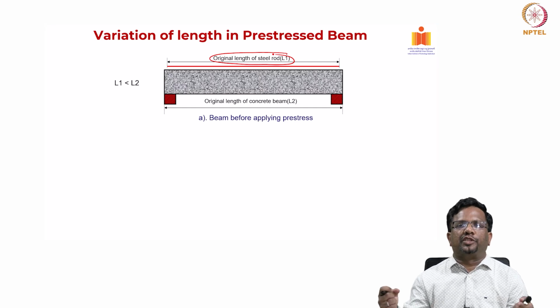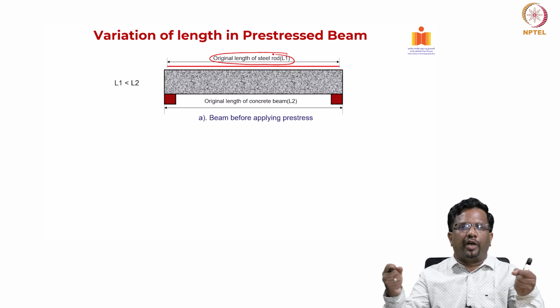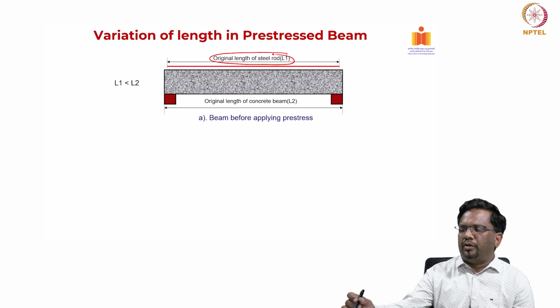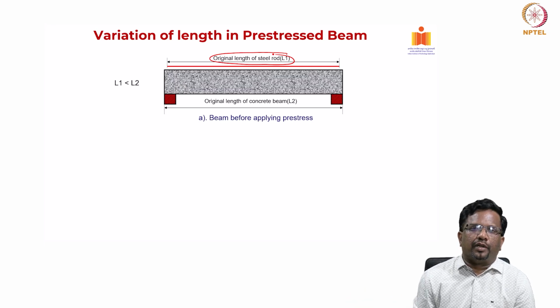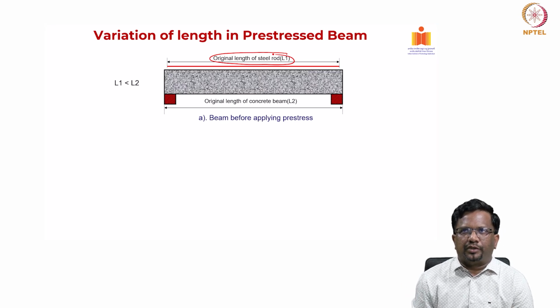Because I am going to stretch it, and the prestressing steel behaves like an elastic rubber band, it stretches quite a bit, so it is usually taken as less than the length of the beam itself before applying the prestress.